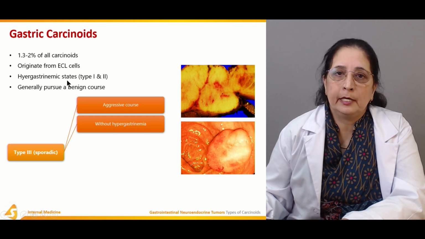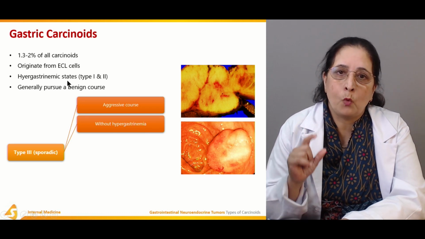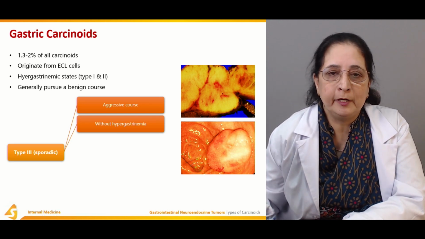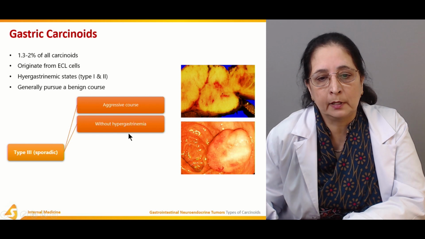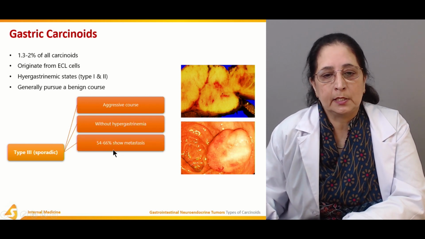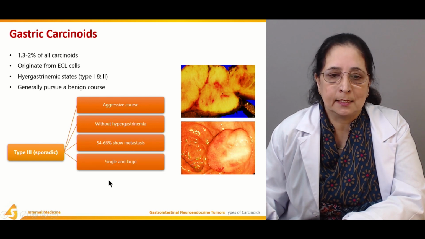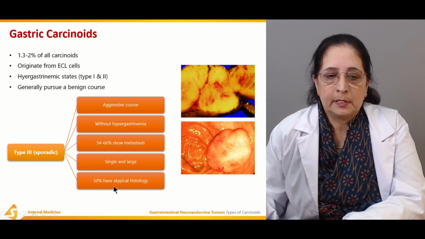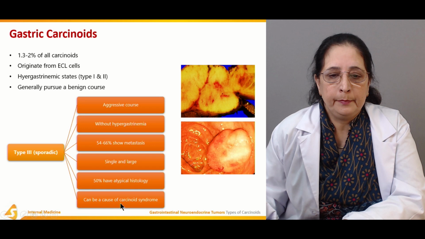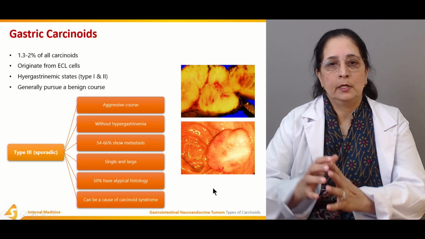We said hypergastrinemia is in type 1 and type 2. Now we are talking about type 3, which has no hypergastrinemia. 54 to 66% show metastasis, single and large. 50% have atypical histology and can be a cause of carcinoid syndrome.